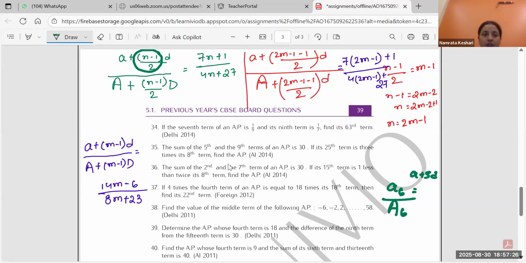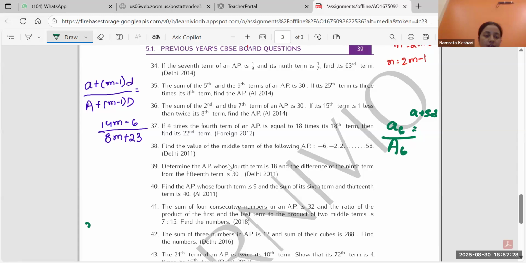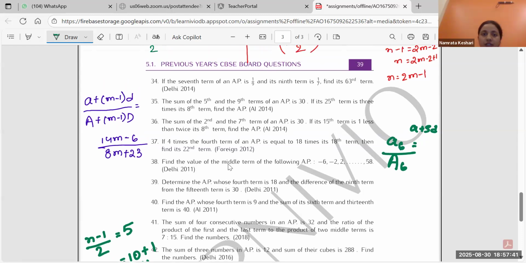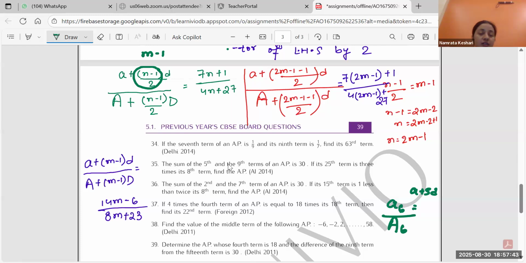Better than that, go and check it: (n minus 1) by 2, you want to make it 5. That means n minus 1 needs to be 10, so n needs to be 11. Now check it. Will this 11 work to create the formula for the sixth term? 11 minus 1 by 2, that means 10 by 2, that is 5d. Making sense?